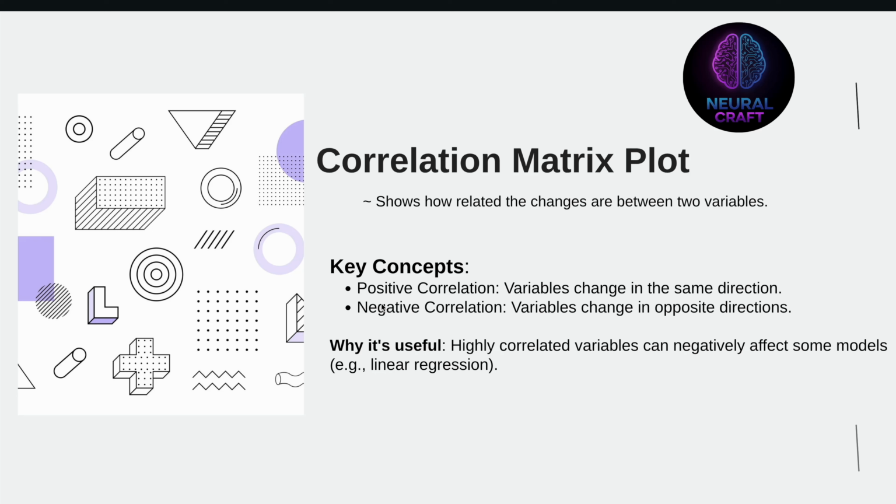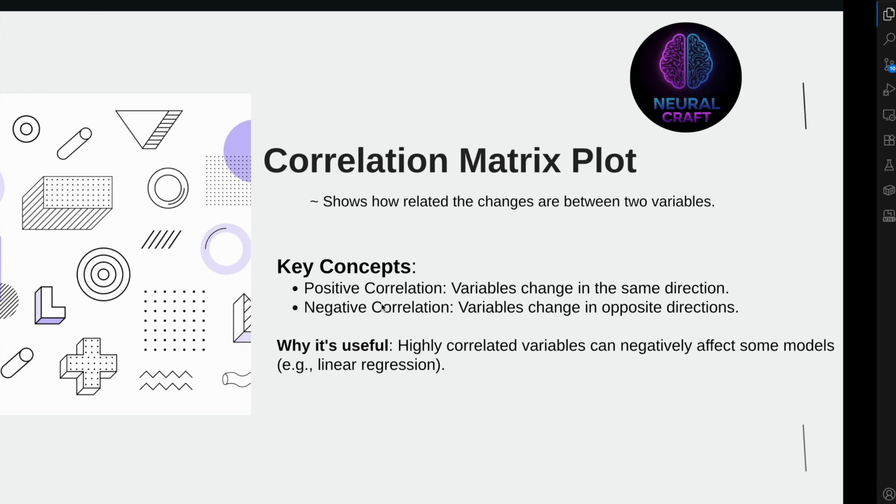Positive correlation suggests that the variables are changing in the same direction, and negative correlation suggests that the variables are not moving in the same direction. Either they are moving in the opposite direction or at some angle greater than 90 degrees. We will understand this more when we visualize it with the help of plots. So let's jump into our editor.